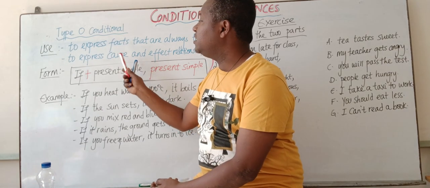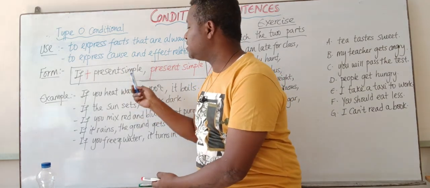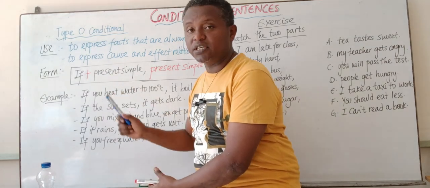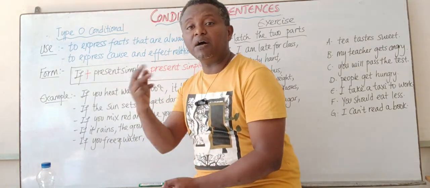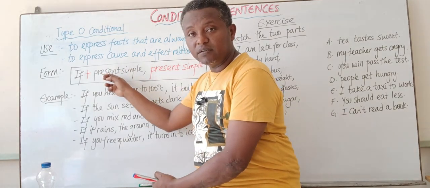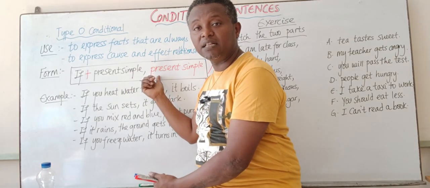That's why we say we use the cause and effect relationship. If this condition is fulfilled, the other will come out, all right? So it's like the condition that needs to be fulfilled to get a certain result.